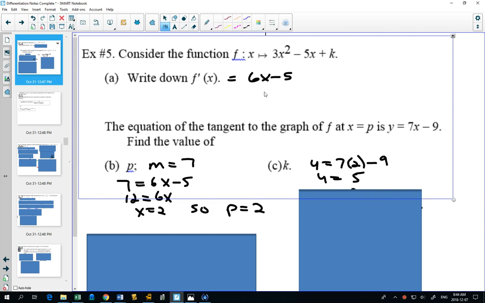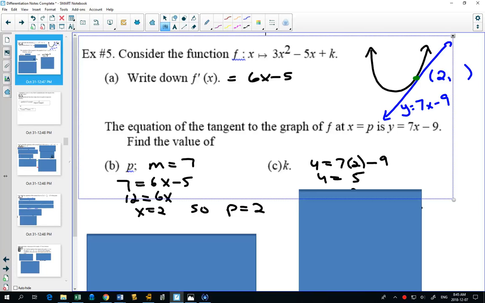If I draw a picture of what's happening, we have a parabola. We know that at x equals 2 comma something, we have an equation of a tangent line whose slope is 7 and whose equation is 7x minus 9. This green point at 2 comma something is on the parabola, and it's also on the line.